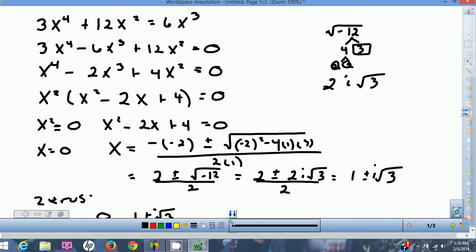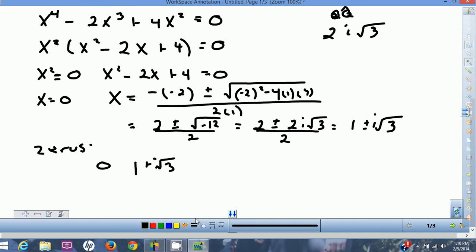I'm going to make this go down a little so you can see that. 1 plus i square root of 3. Okay. 1 plus i square root of 3 and 1 minus i square root of 3. Those are the zeros of my polynomial. I have 1 real root and 2 imaginary roots.